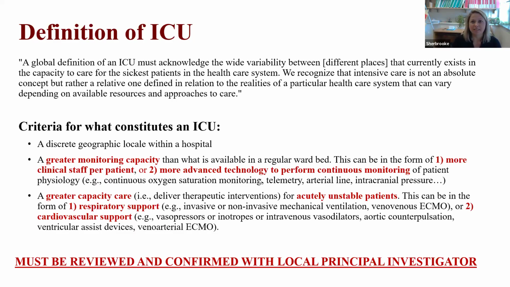This discussion with your PI should be done before December 9, to make sure that on December 9 at 9, you know in which units you have to look and list the patients that are in your ICU.